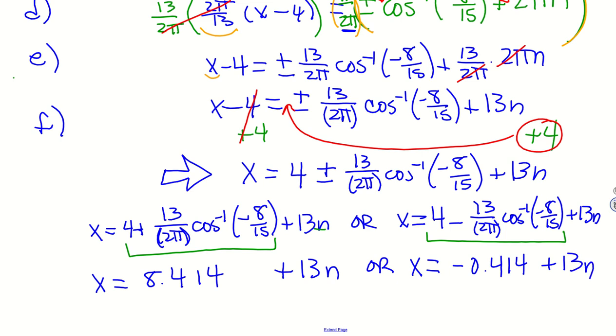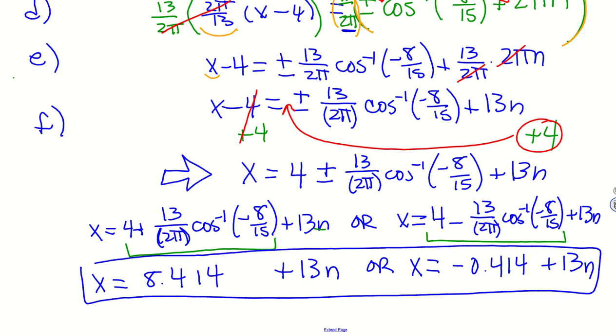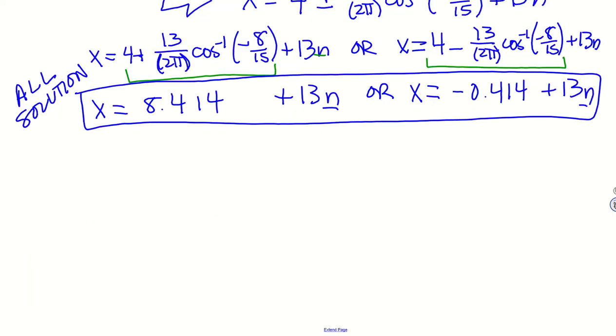And these are all my solutions. It represents an infinite number of solutions because I can take n to be any integer. If I need any particular solutions, then I could add 13.